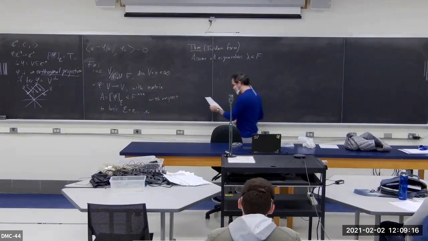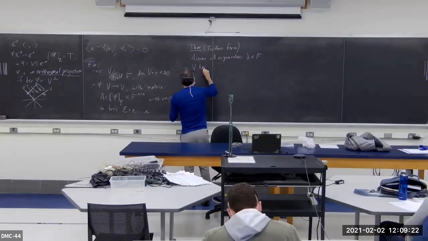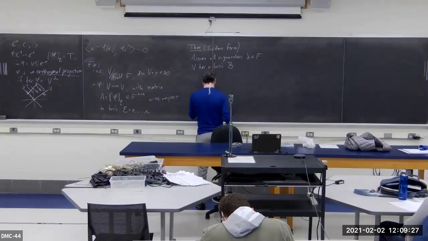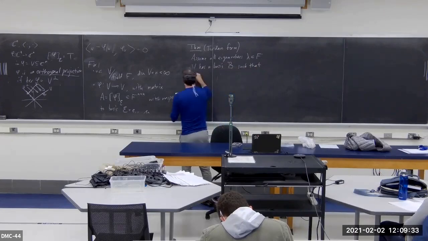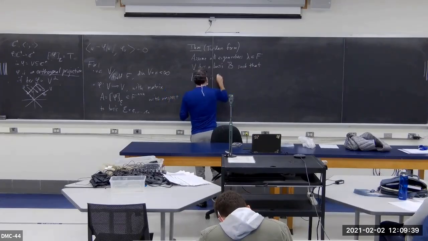So this is a non-trivial hypothesis. Then V has a basis B such that the matrix of phi with respect to the basis B is block diagonal.